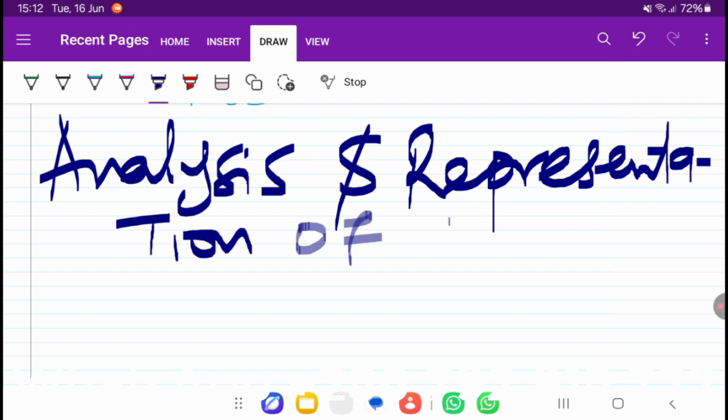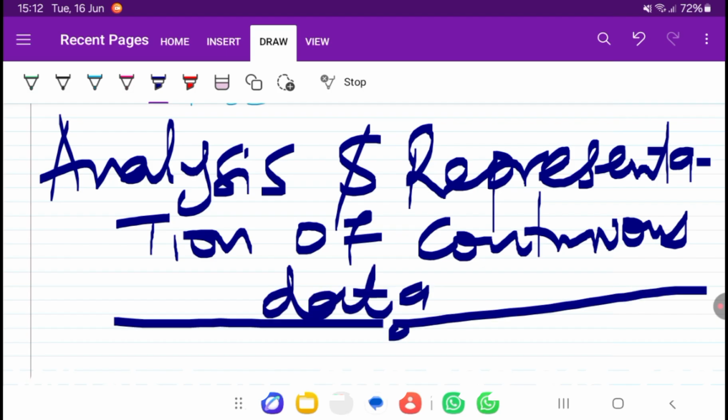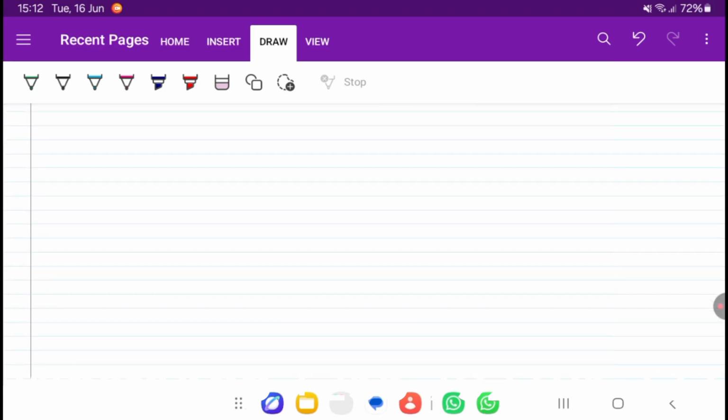Now, the representation, of course, goes into how these items are going to be arranged. We can talk about, in the first instance, the distribution.